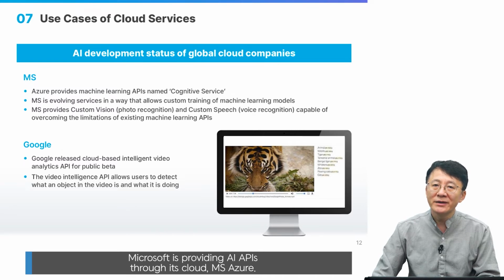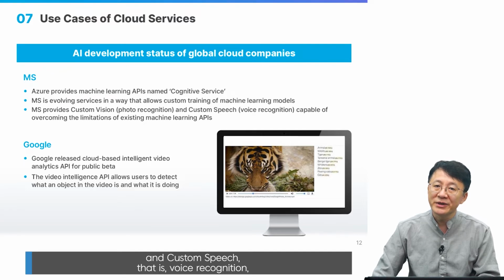Microsoft is providing AI APIs through its cloud, MS Azure. It provides a machine learning API under the name of Cognitive Service. Microsoft is evolving its service in a way that allows it to custom train machine learning models. Microsoft has released custom vision, photo recognition, and custom speech, that is voice recognition, that can overcome the limitations of existing machine learning APIs.